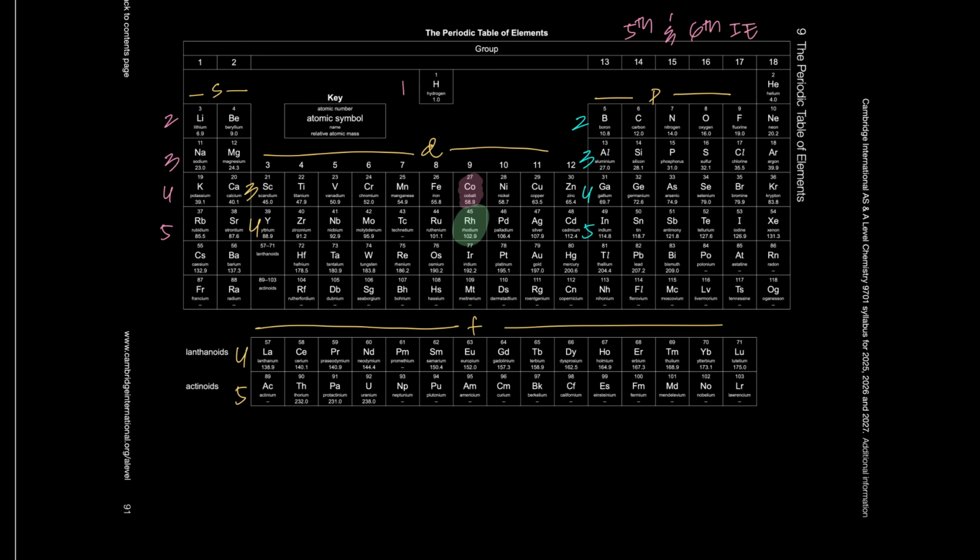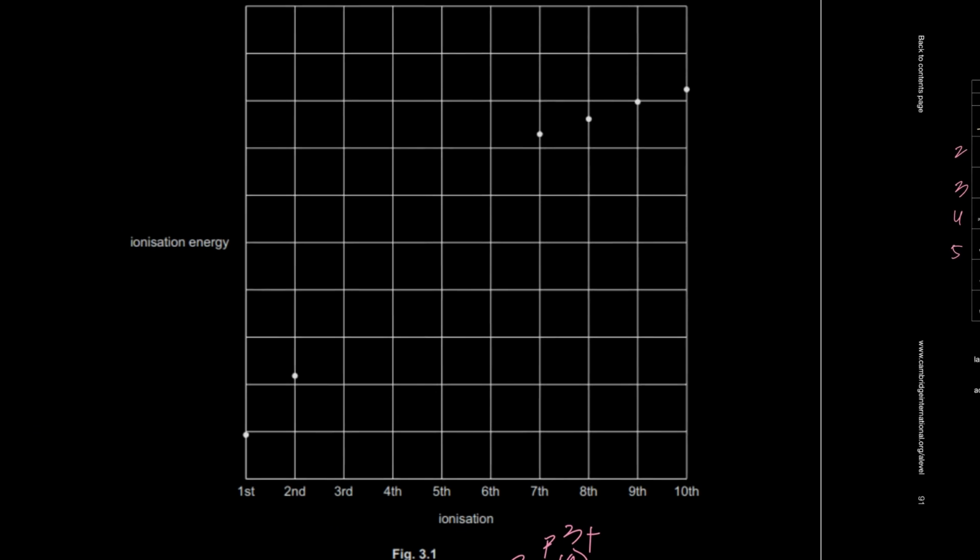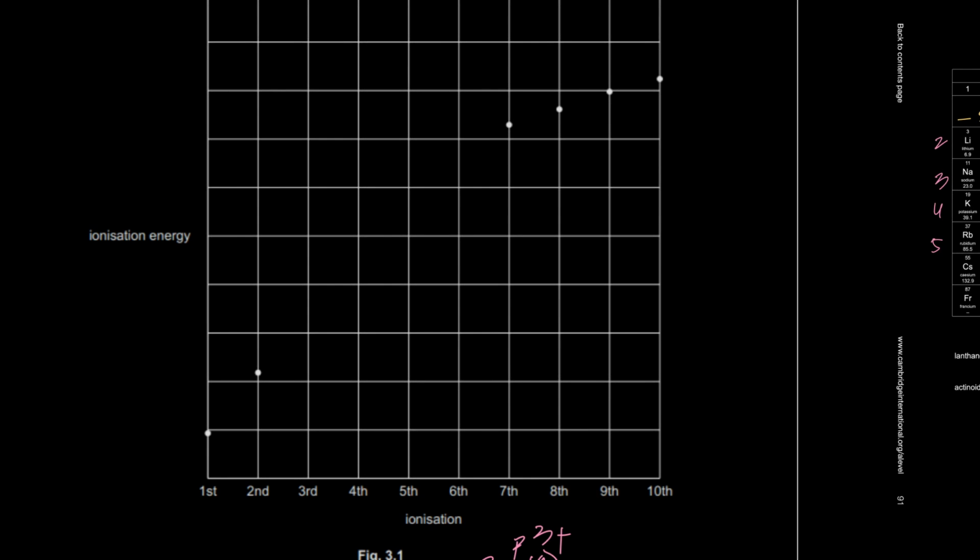Other than that, removing electrons would just give you a general increase in ionization energy. So if I were to plot it, the third ionization energy would be higher, the fourth would be higher, the fifth would be higher, but between the fifth and the sixth ionization energy, there's going to be a large jump. You have to show this jump visibly to the examiner, and that's that.